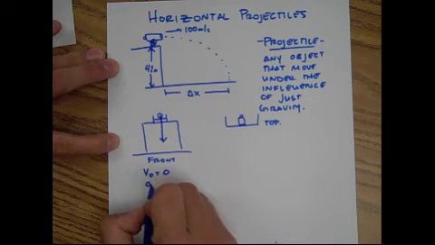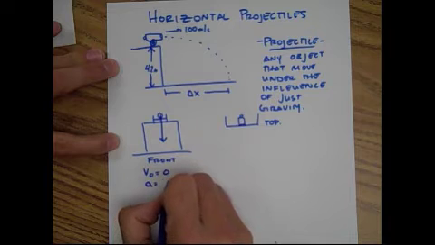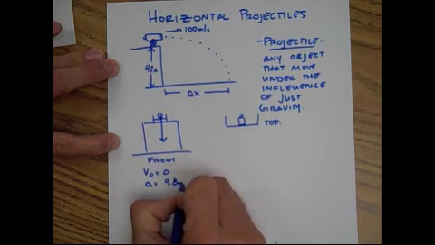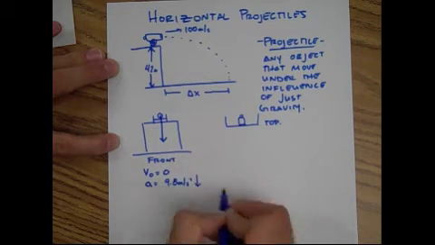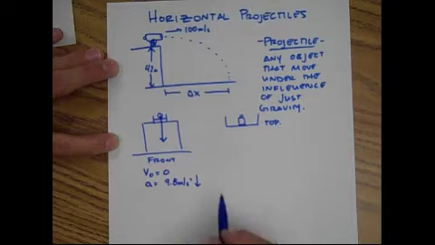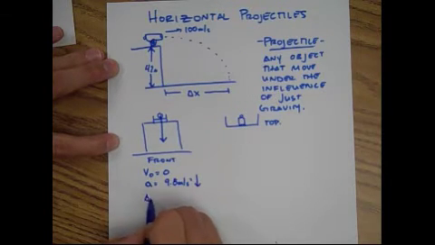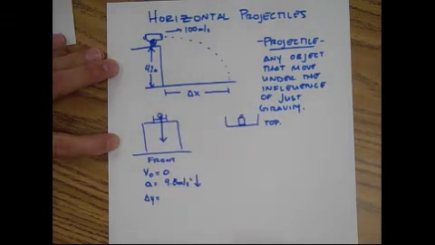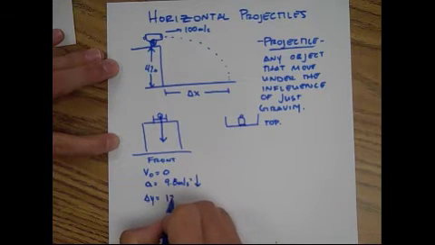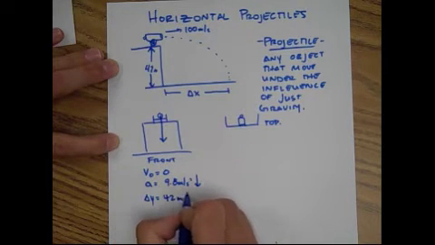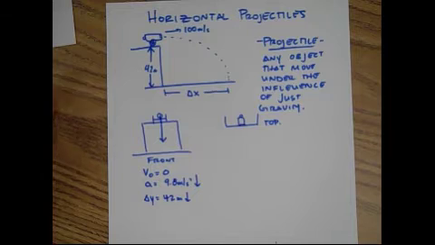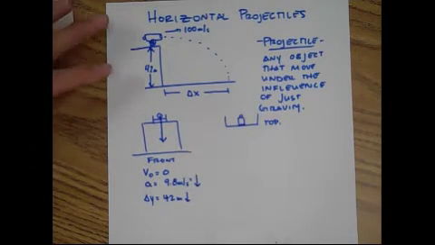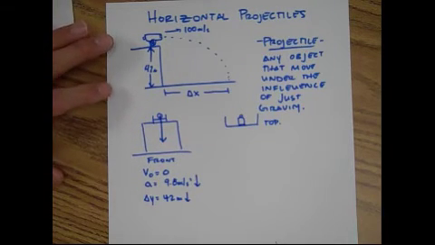And it would appear that it falls under the influence of gravity, which is still 9.8 meters per second squared down. And it would appear that it's falling, delta y, in the y direction, 42 meters, also in the downward direction. That's the information that we can see just looking at it from the front.